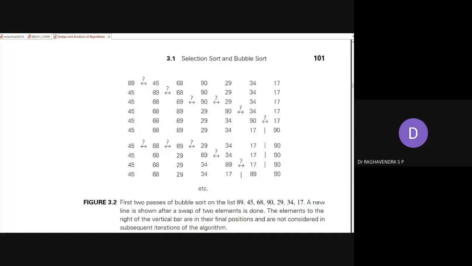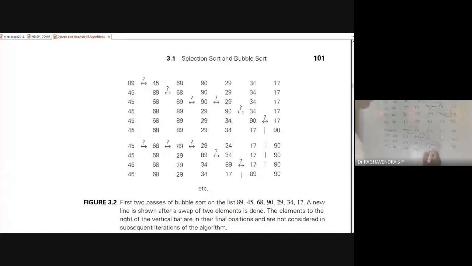Once again the adjacency comparison, since it is smaller, the process continues like this. 70 will come here and 89 will go here. Then 90, which is already sorted. This entire process is called pass 2. So pass 1, pass 2.